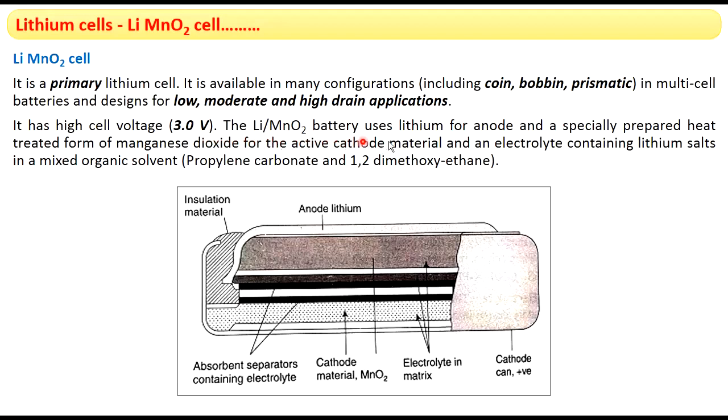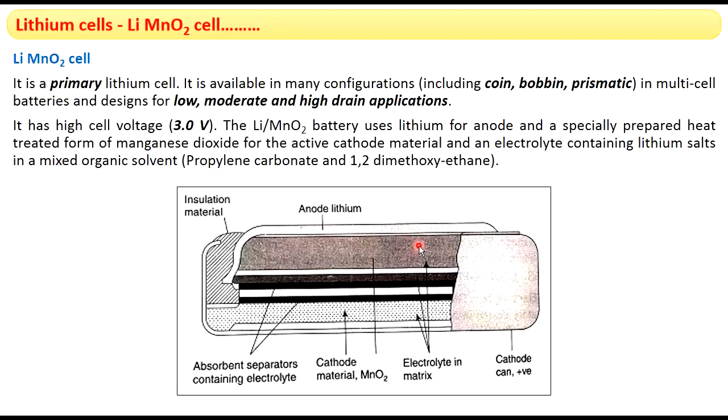This uses lithium for the anode. So metallic lithium acts as the anode in this battery, and especially preheated manganese dioxide, Mn(IV) oxide, is used as the active cathode material.